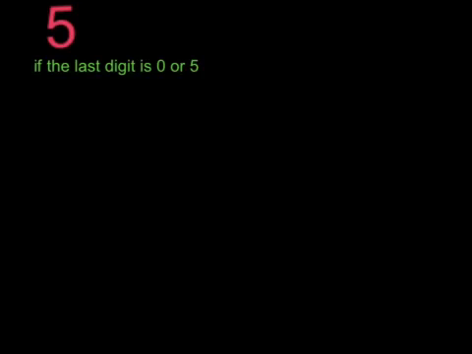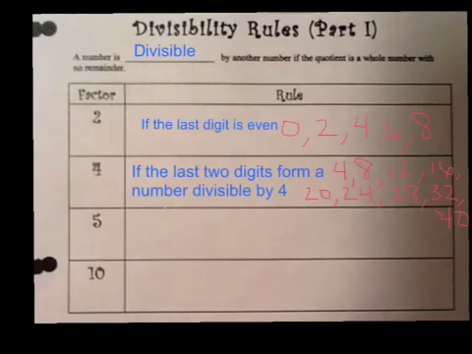Let's try one last example. If our number is 35, is that number divisible by 5? Well, let's look at the last digit. The last digit is 5. Is the last digit 0 or 5? Yes. So 35 is divisible by 5. Let's fill in our notes for 5.